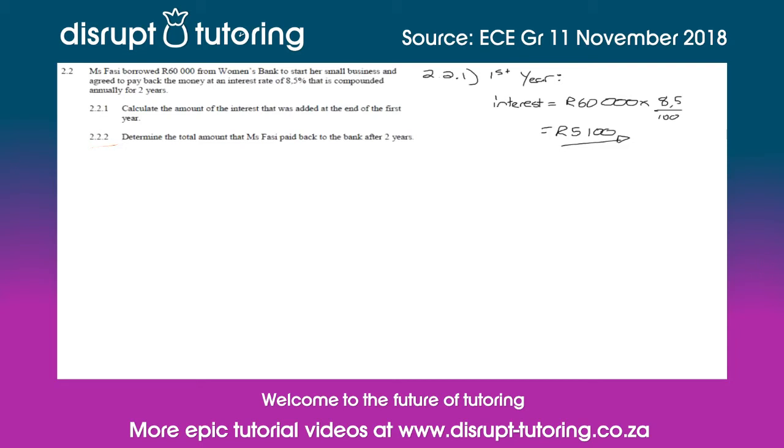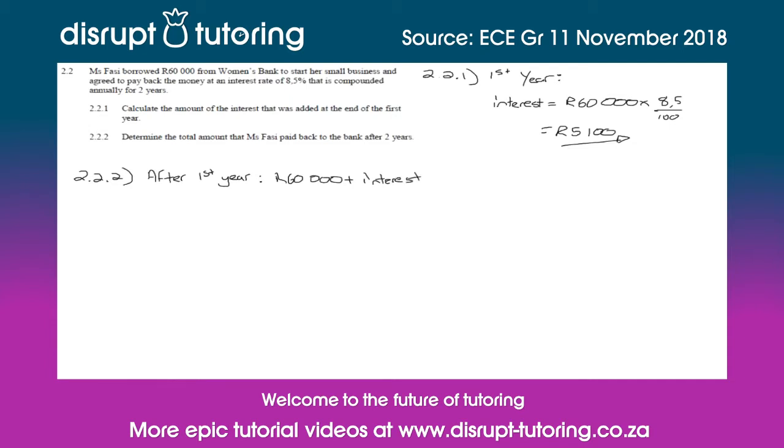Then it asks in 2.2.2, determine the total amount that Ms. Fussy paid back after the 2 years. So for 2.2.2, we need to find out, so after the first year, what her amount is totaling up to. So after the first year, it's going to be your 60,000 Rand plus the interest for that year.